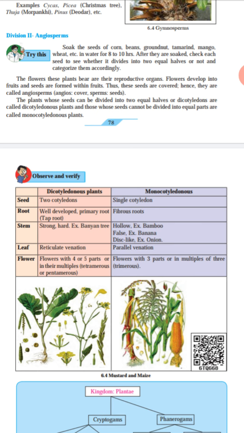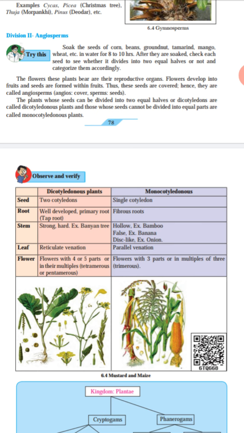Okay. In dicotyledonous plants, stems are strong and hard, for example banyan tree. In monocotyledonous plants, stems are hollow, for example bamboo. Sorry, they do not have a stem, for example banana.